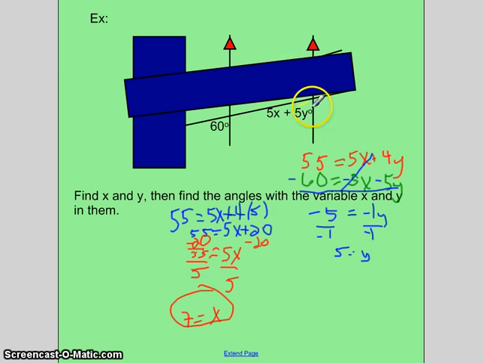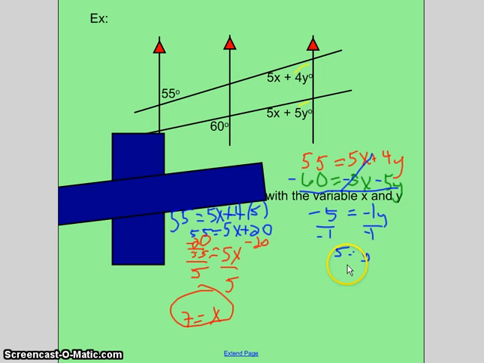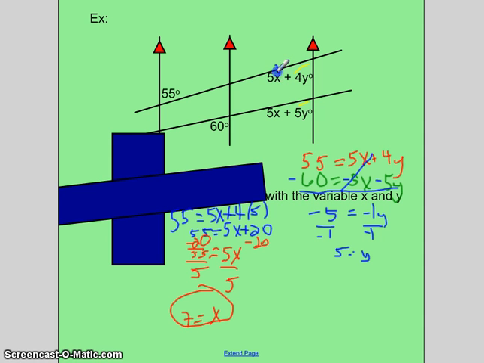So now all I have to do is plug those back into my two angles that I'm missing there, now that I have the x and y values, and I'll figure out what the two angles are equal to then. So let's go with a little blue here. If I plug 7 in for the x here, I'll have 7 times 5, which is 35, plus, plug in the 5 for the y, I'll have 4 times 5, which is 20.